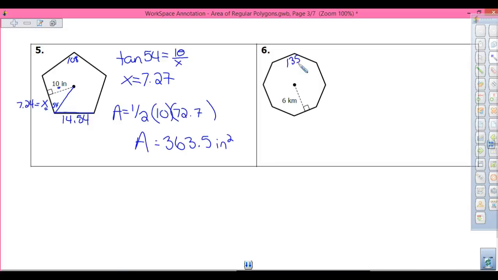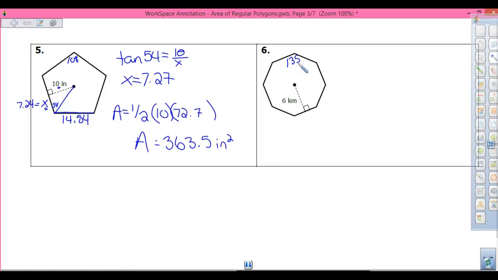So it's an 8-sided figure. You subtract 2 and you get 6. Everybody should try to stay one step ahead of us right now and be plugging this stuff into your calculator. You have to know how to do it, not just how to copy it off of us. And then you divide it by 8.